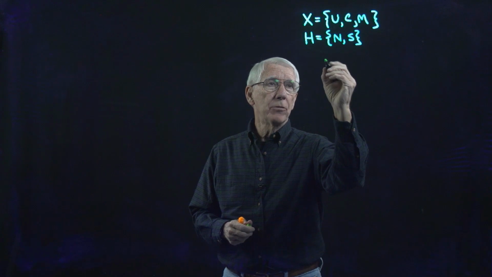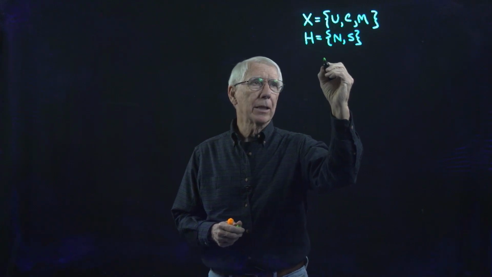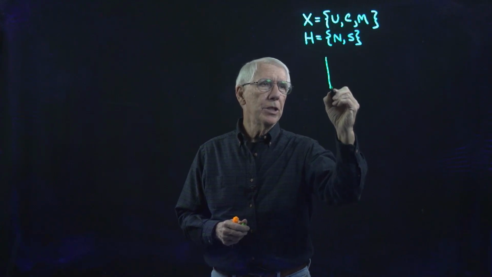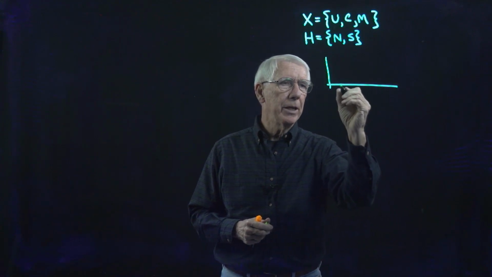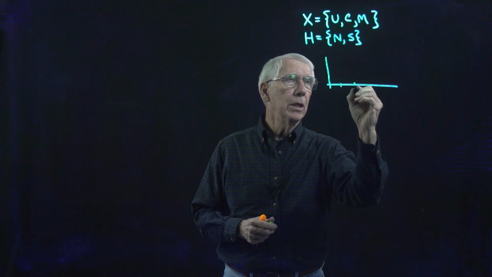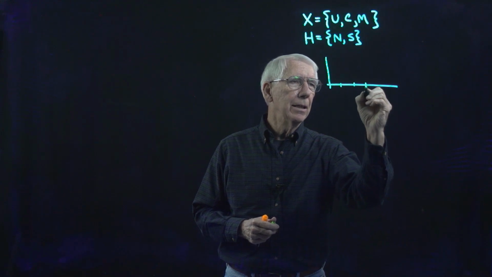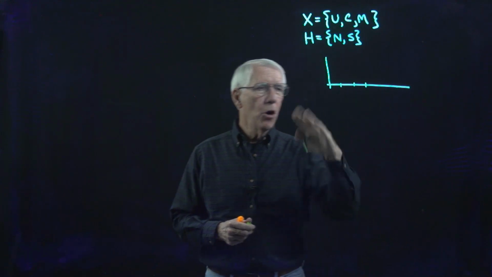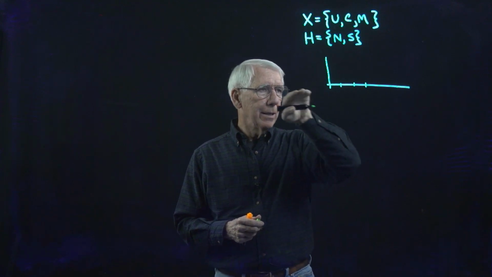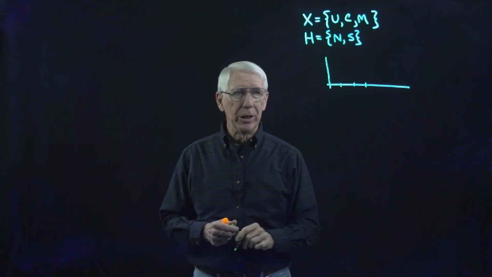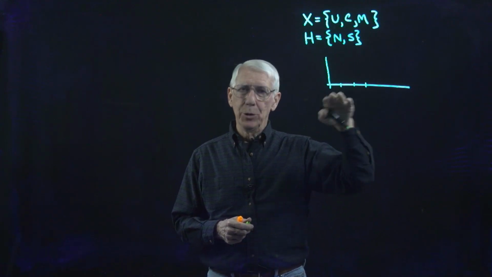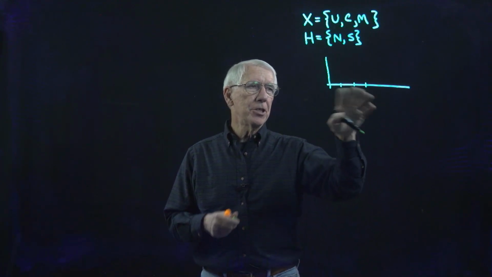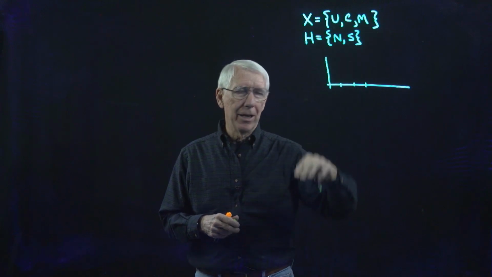So I'm going to actually write down the Cartesian product. I'm going to use these lines to separate things out, and I'm going to have down here U, C, and M. And there's no order to these. When I write an axis like this for the real numbers, of course, 0 comes first, then comes 1 and 2, and so on. Here, this is just a place to put the elements of x.